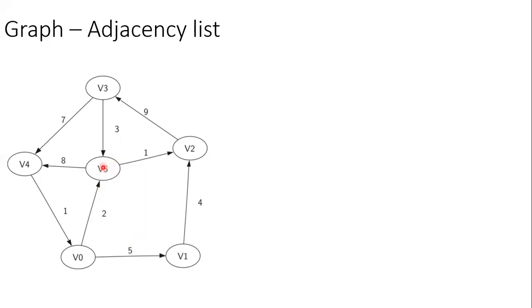Similarly, for V5, there are two edges going out of V5. One is to V4 with a weight of 8, and the other is to V2 with a weight of 1. Like this, if we look at the graph, we can derive some information which we can make use of for our representation.